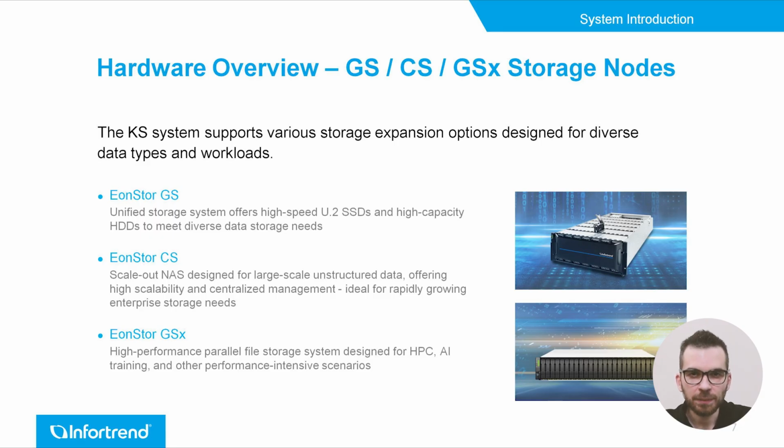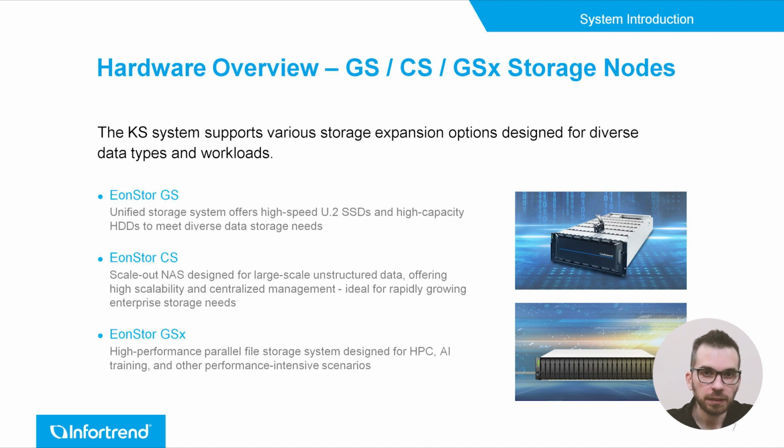IEC supports seamless integration with Infortrend's proven storage systems, GS, CS, and GSX, giving enterprise the flexibility to match infrastructure to workload. Together, they offer scalable, high-performance storage tailored to real-world demands. IonStor GS combines high-speed SSDs and large-capacity HDDs, ideal for general-purpose enterprise storage.